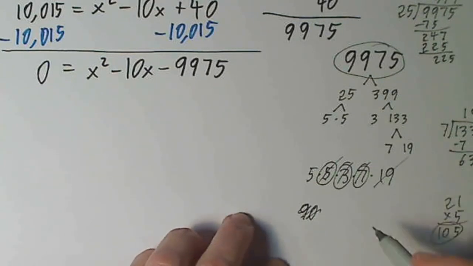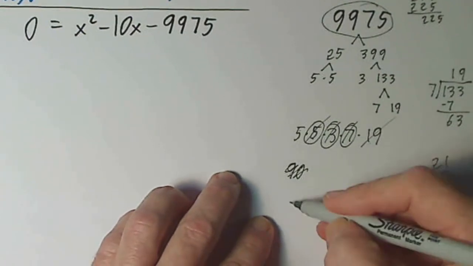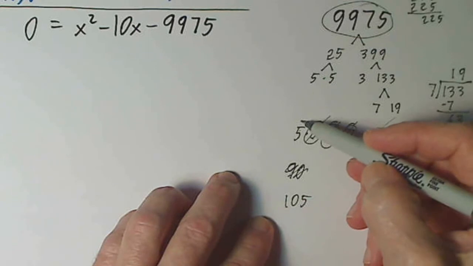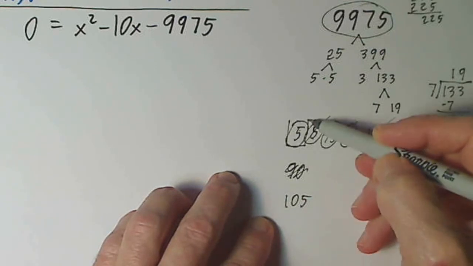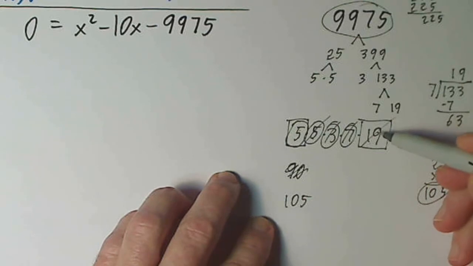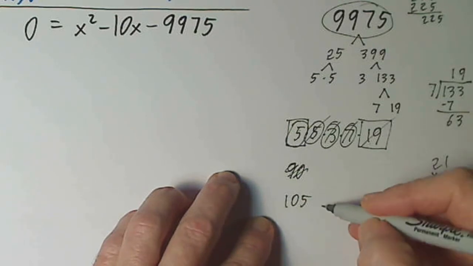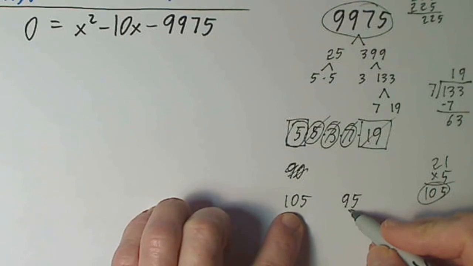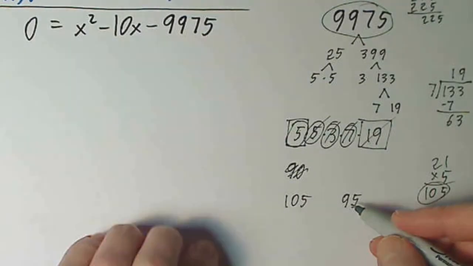What's left is a 5 and a 19, which is 95. And look, we can have a difference of negative 10.